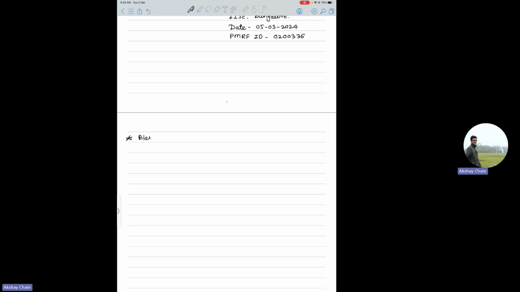Some things about the Blasius method: it's nothing but a similarity transformation. Even before going there, how did Blasius get this intuition?